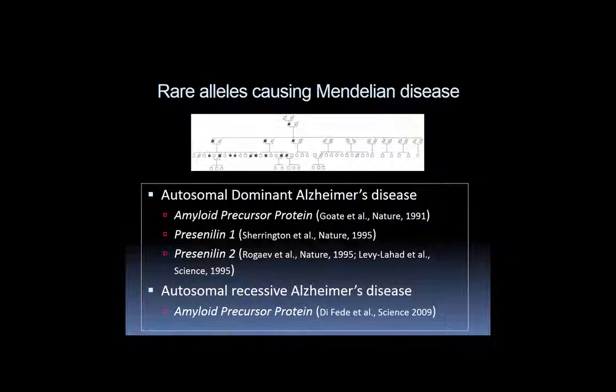So the majority of autosomal dominant families in Alzheimer's disease have a mutation in this gene, presenilin 1. And presenilin 1 was found by pure reverse genetics, and it was a hard slog, right? So by that time, you can see it's now 1995 when this was published, there was a better map of the human genome.